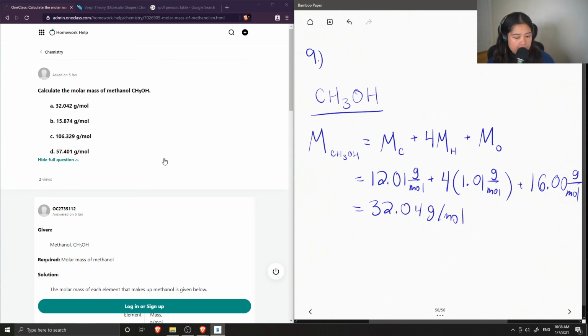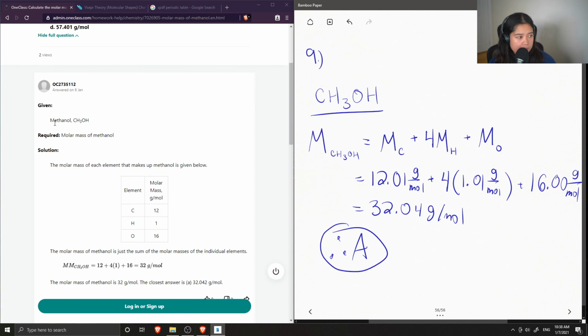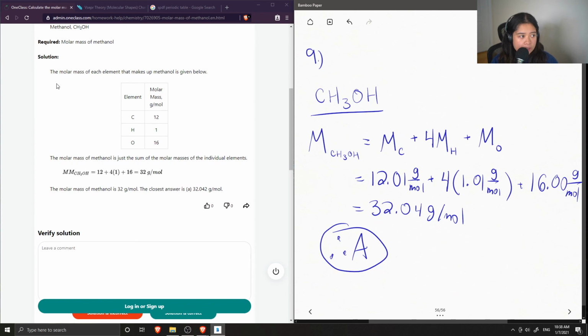Okay, so now let's see what the junior tutor said. And also this is option A, I guess. So option A. Given methanol CH3OH, required molar mass. The solution is the molar mass of each element that makes up methanol is given below.